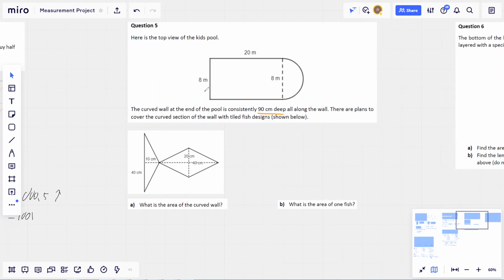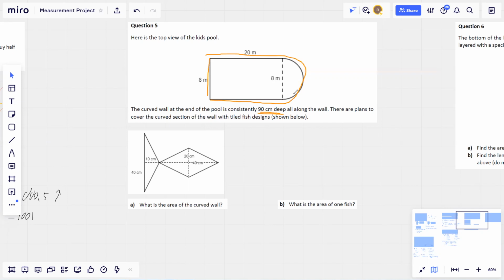We need to find the total length, the circumference of this top view, and times by the height, the depth, and that will be the area of the curved wall.